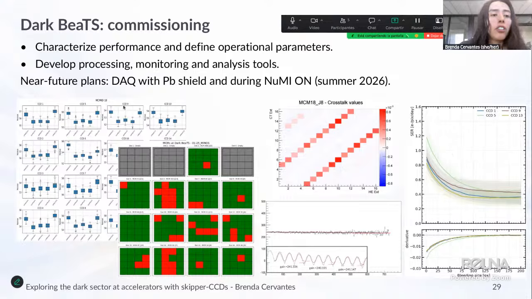So the near future plans with DarkBits: we will start at some point this year data acquisition with a lead shield to reduce environmental backgrounds, and we are planning to be ready to take data this summer, when we are expecting the NuMI beam to be on.